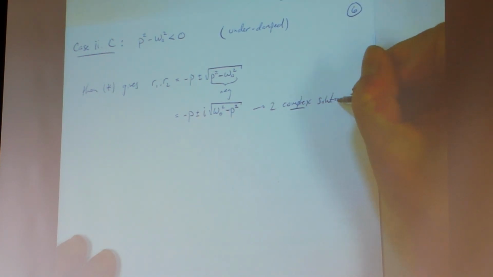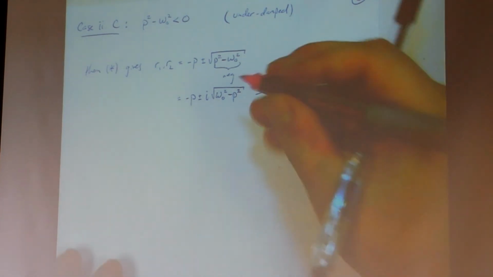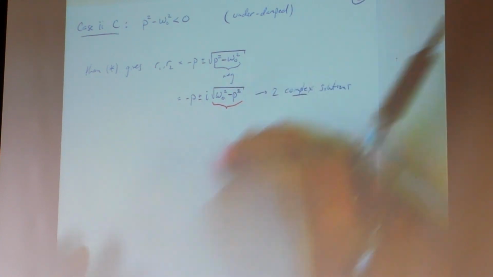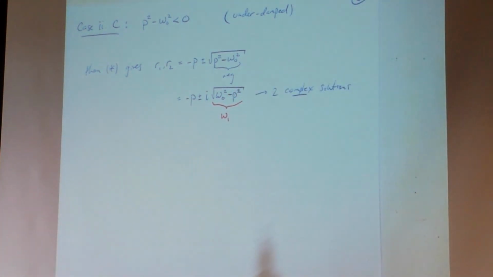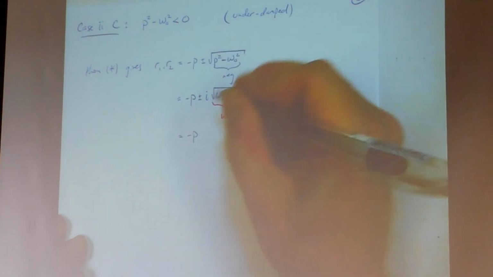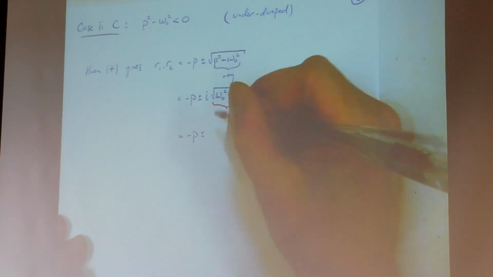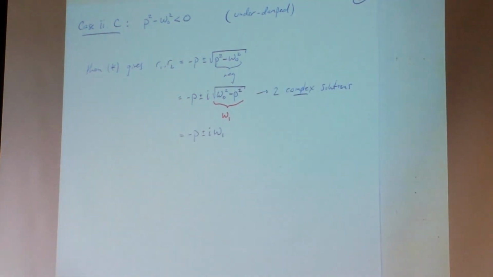And again, we're just going to jump from here to the solution when we have complex values. Okay, but for a moment, I'm going to call the square root of this whole thing, because I don't want to write it in the argument of a function, our new omega 1. So our solution would be, for R1 and R2, negative p plus or minus I times omega sub 1. All right.